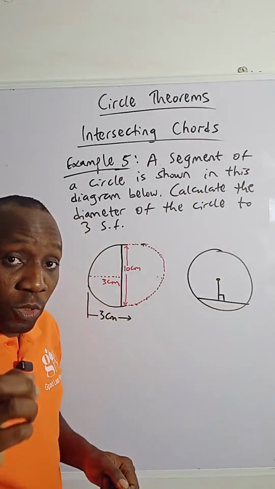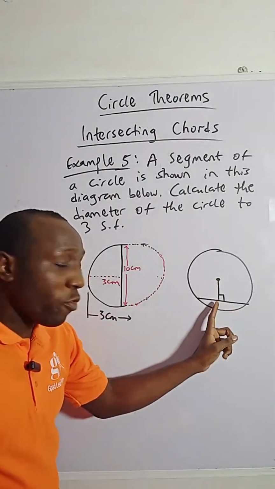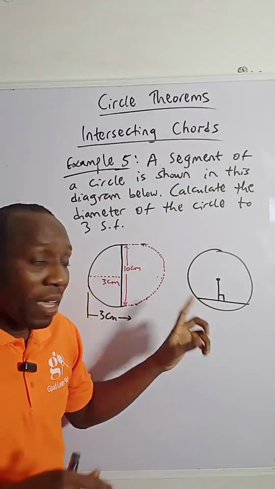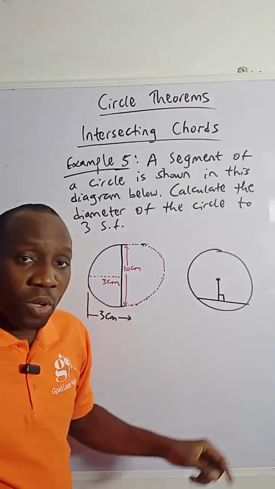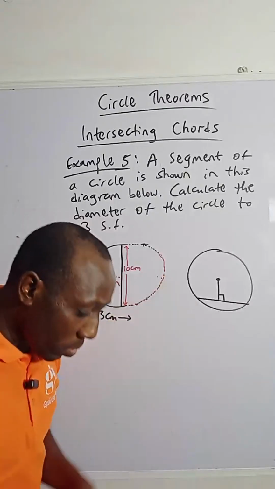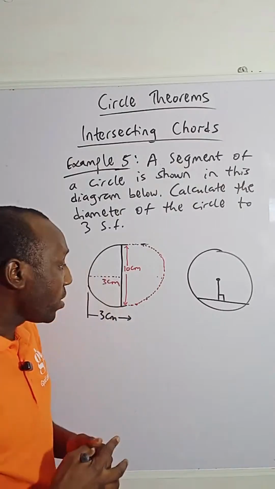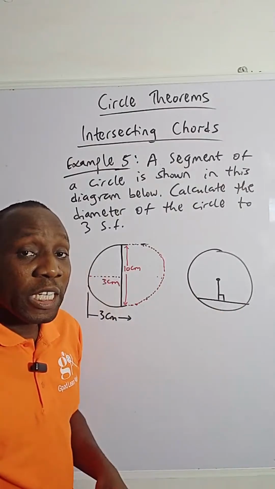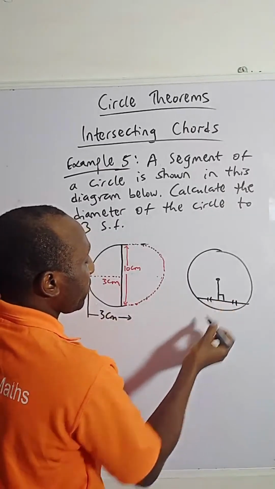One of the chord theorems we talked about in our first lesson. If this line drawn from the center forms an angle of 90 degrees to the chord, what is it going to do to the chord? It will bisect the chord.